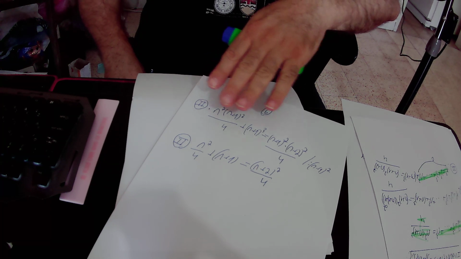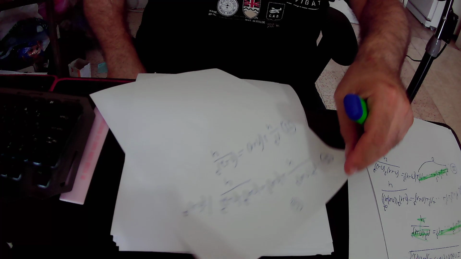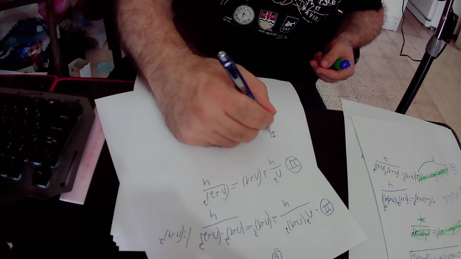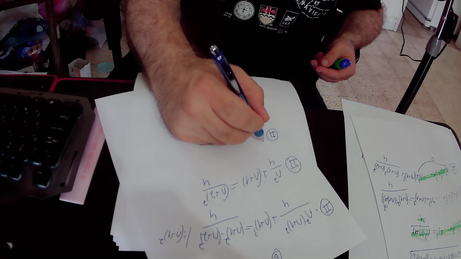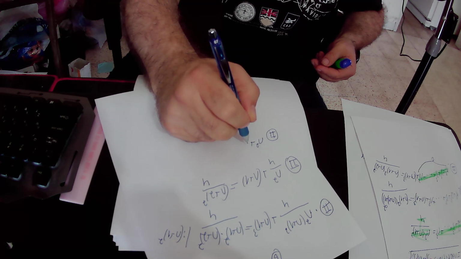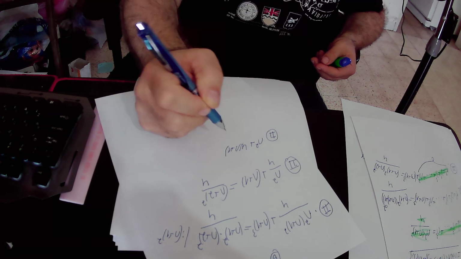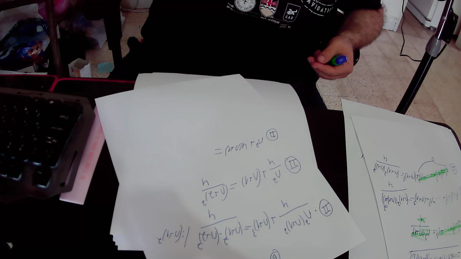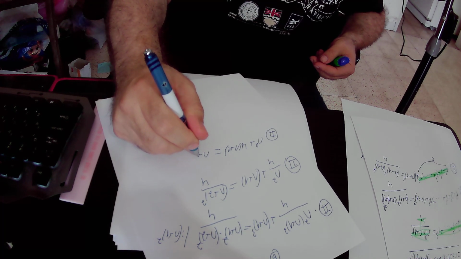Here we can multiply both sides of the equation by 4. Okay, so n squared divided by 4 times 4 is n squared, and n plus 1 multiplied by 4 is 4 times n plus 1, equals n plus 2 squared divided by 4 times 4 is n plus 2 square.